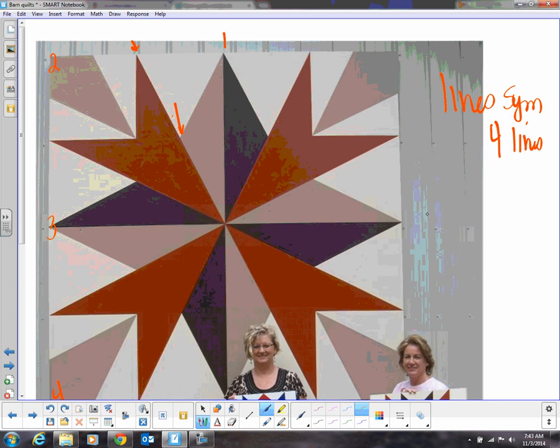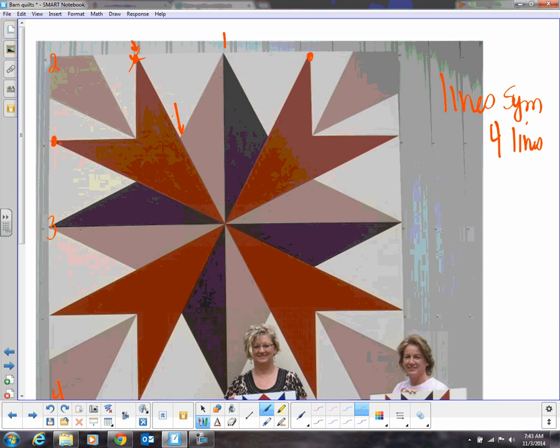Does it have rotational symmetry uncolored? How many degrees does it take for you to go from here to here? So that's 1. And then don't we have to rotate over to here? Oh, I'm sorry. Forget that. This would fall on here.